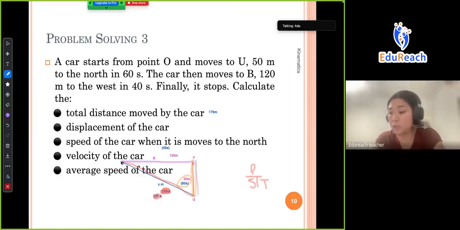Just now we calculated it's 170. And the total time is 60 seconds plus 40 seconds, 100 seconds. So then you get 1.7 meters per second. Later on when I send you the working, you will see that the speed of the car when it moves to the north, the velocity of the car and the average speed of the car are all different.